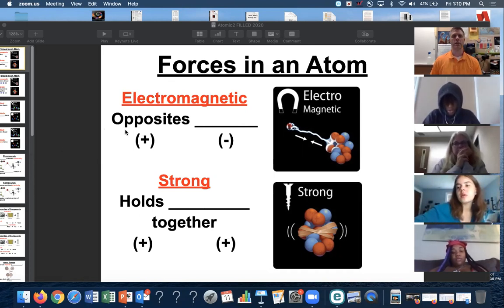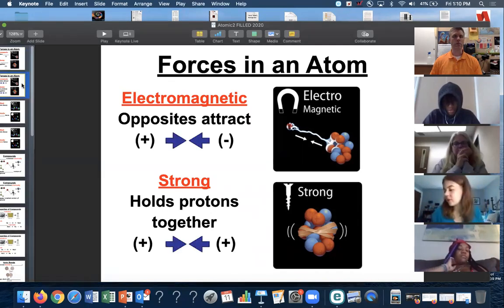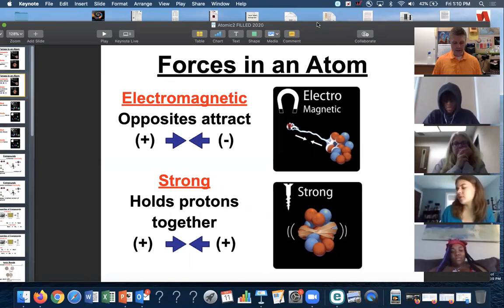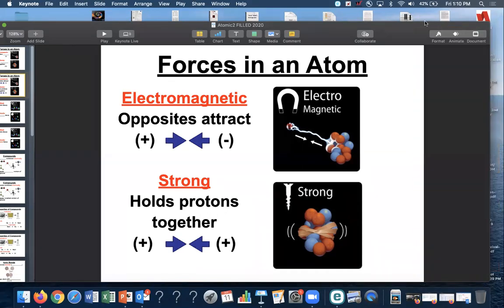This first one, the electromagnetic force, that's just when opposites attract. I'm guessing that most of you have, at some point, played with magnets, and that positive end and the negative end will be attracted to one another, whereas two positives repel each other, two negatives repel each other.